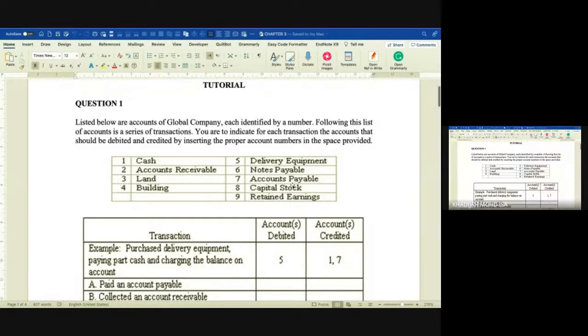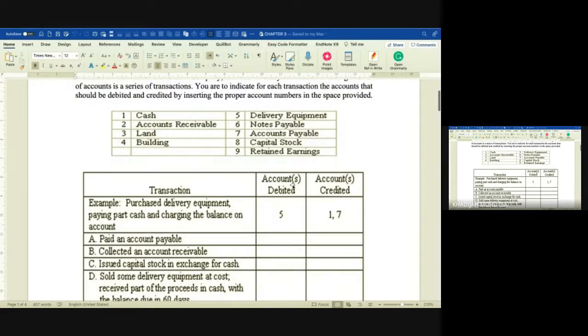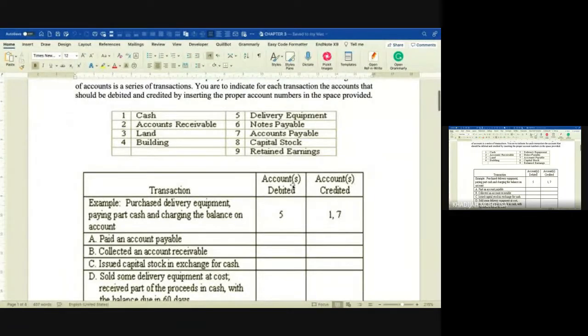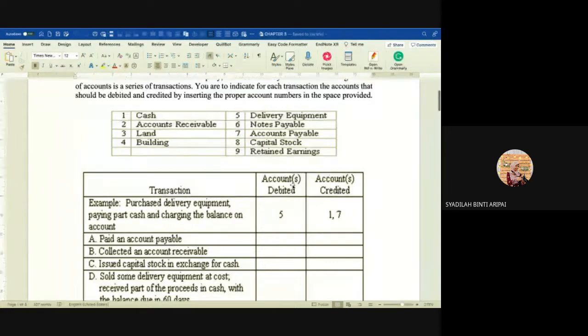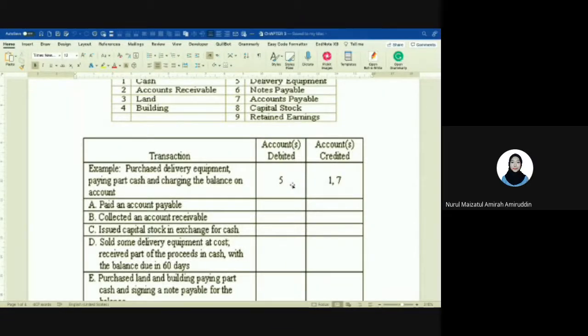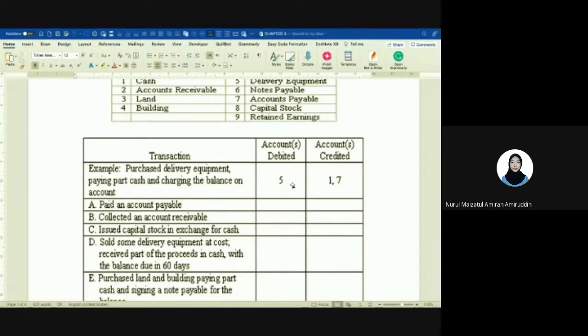So far so good. Nazrul? Is Nazrul Ilyas here? Not yet. Shadila? Yes, madam. How do you find it? This one is very easy for you, right? Maizatul and Fatiha? Yes, madam. This one is also following, yeah? Okay, good.